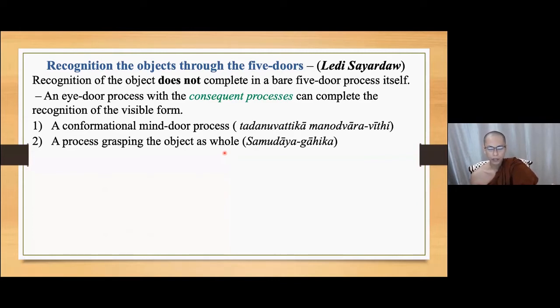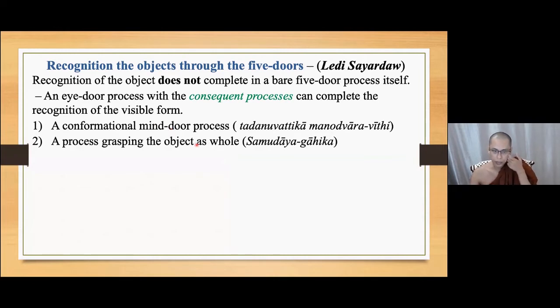So the group of materiality comes to appear at the present time, seen by the eye-consciousness and taken by the mind of the following conformation mind-door process.